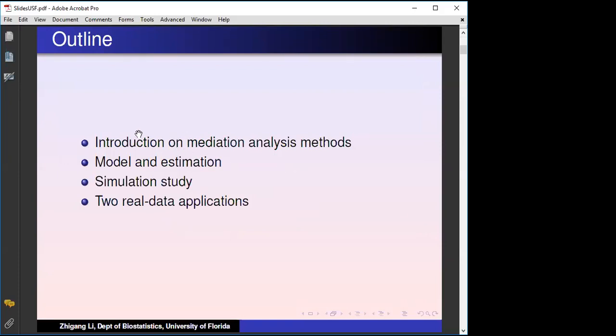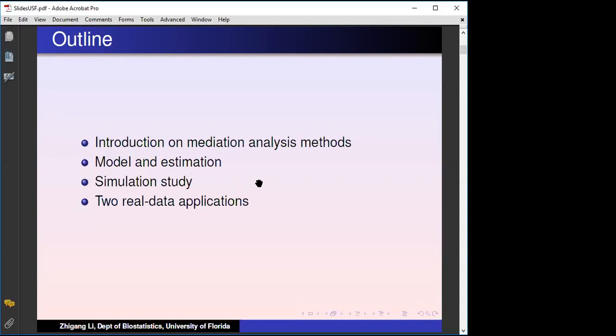That's why I don't have an introduction of the microbiome in this talk. But if you have any quick clarification questions during the talk, please feel free to stop me and ask. After that, there will be a model construction and estimation, how we construct a model to estimate the related parameters to estimate the mediation effect, followed by a simulation study to evaluate the model performance in comparison with other existing methods.